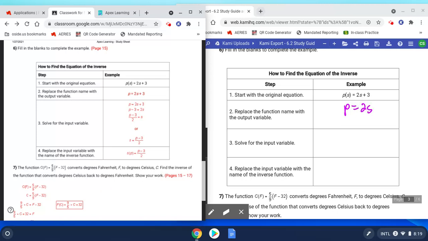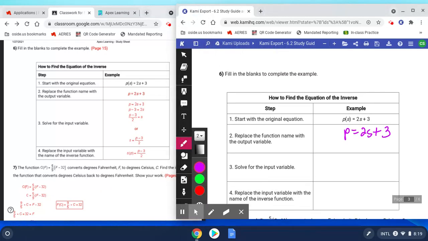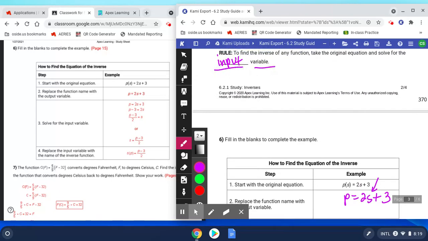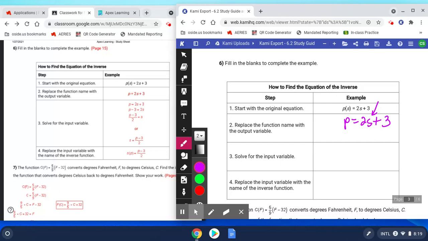It's a p and an S. But we have to know that we're looking to make the independent variable right here, the input variable, right? So what would be an x? What is the S in this case? So here I start by the same first step, making it equal to P.